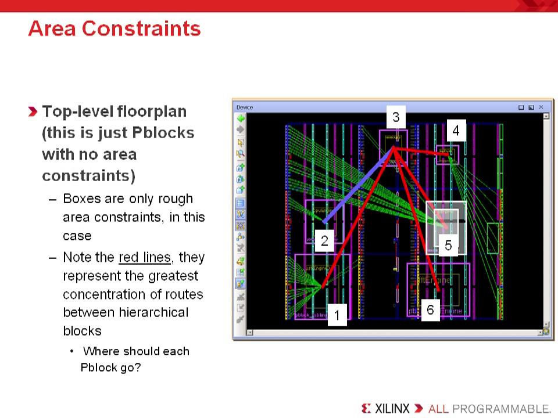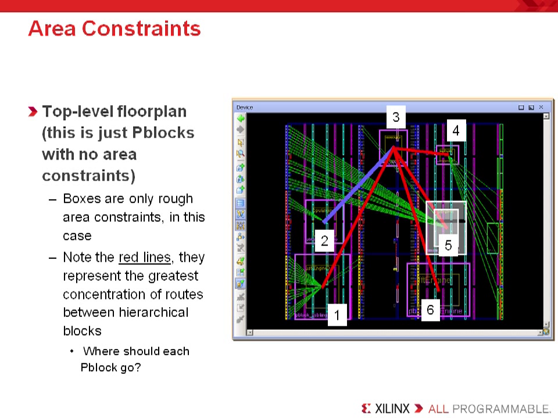So these little regions we see specified here are not indicative of where that logic should be placed on the die, or the relative size, or how much logic is in each area constraint. The key thing here is that we're just looking at a hierarchical representation of the design, and we're seeing these red lines and the one blue line reflect the intercommunication of the logic in each of the area constraints.